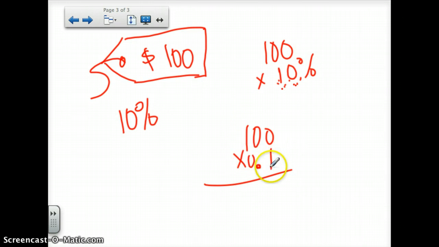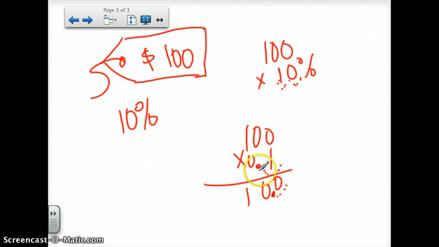Just watch. What's 1 times 0? 0. 1 times 1? 1. How many numbers do we have behind the decimal point? 1. So how many times are we moving our decimal point? 1. So it's going to be right here.